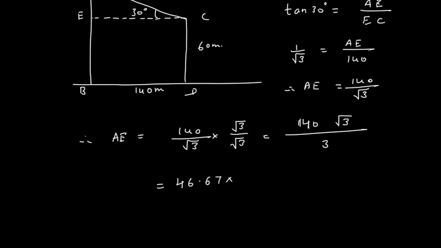So 46.67 multiplied by 1.73, approximately I can write. Now this product 46.67 into 1.73, you can do the calculation.